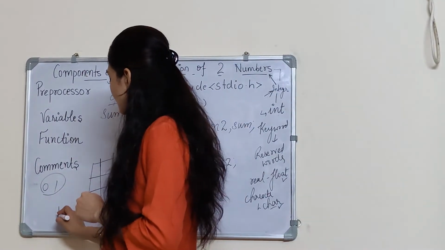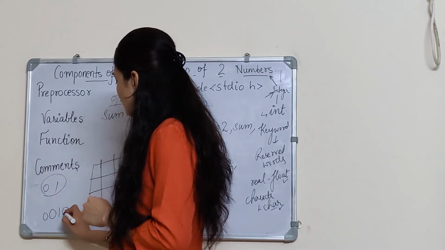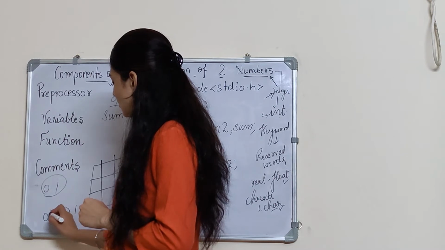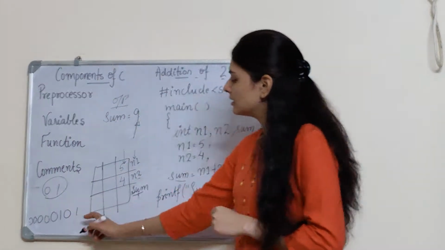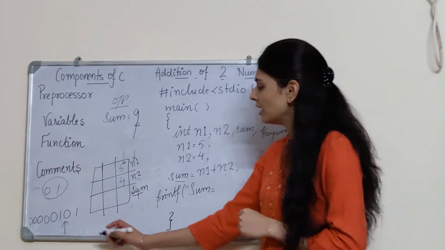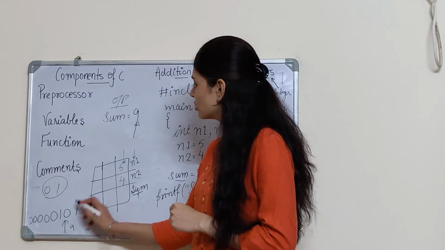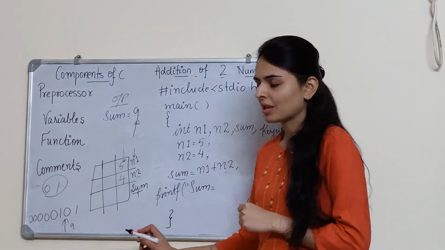How is it represented? That is 1001 preceded by zeros. This is 9 in 8-bit representation. So this 9 will be stored within the computer in this format, right?